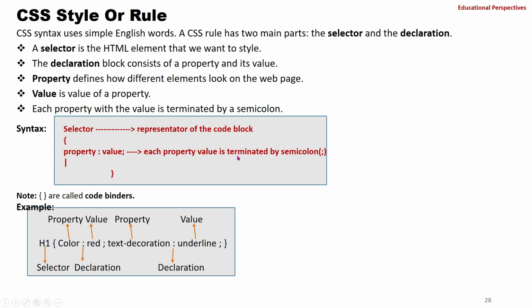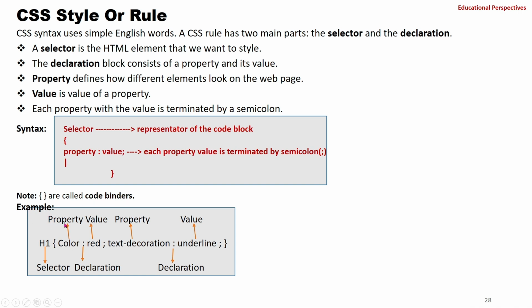Each property value is terminated by the semicolon. And then we can have as many properties as we wish for different tags, and then we put the curly bracket to close it. Note that these curly brackets are called code binders.